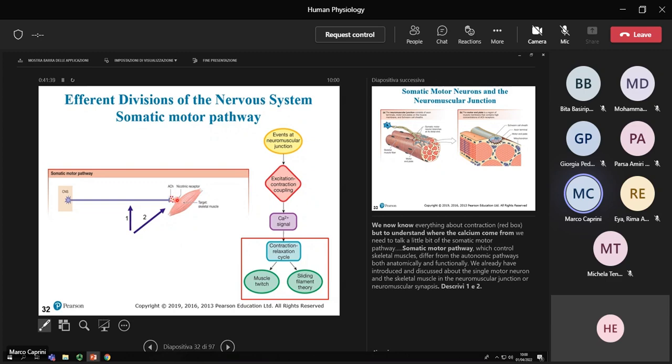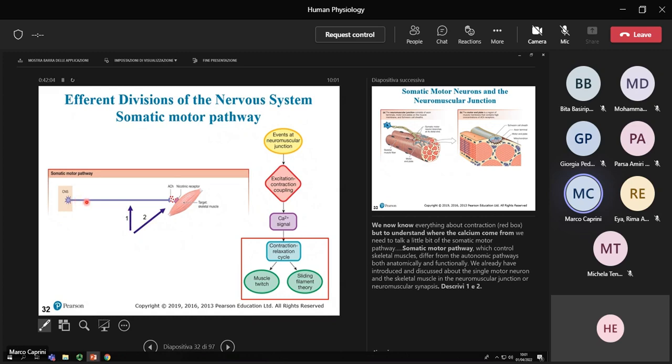But we need to know now how the release of acetylcholine on the nicotinic receptor allows the calcium signal inside of the cell.